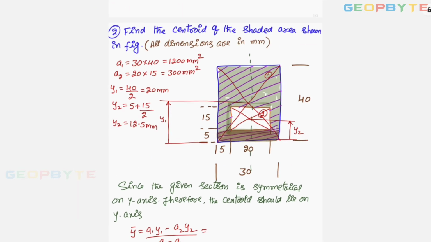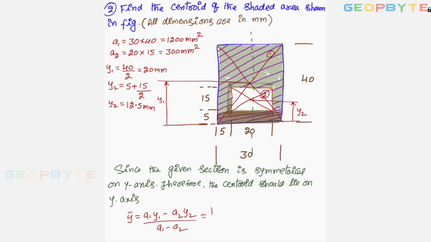Here a1 is 1200 into y1, 20, minus a2, 3000, y2 12.5, divided by 1200 minus 300, it is not 3000.